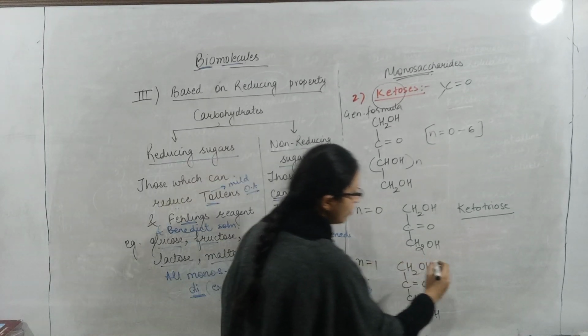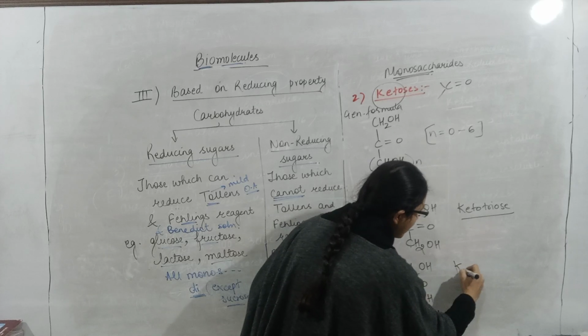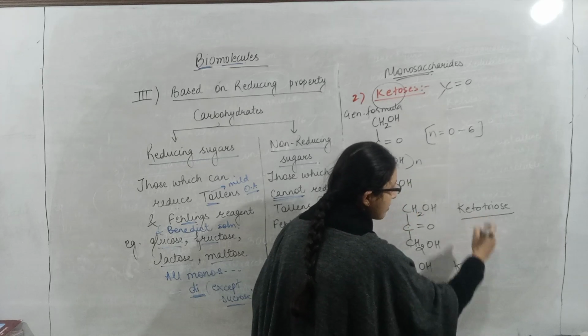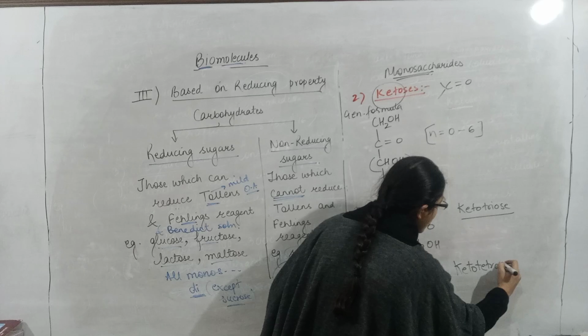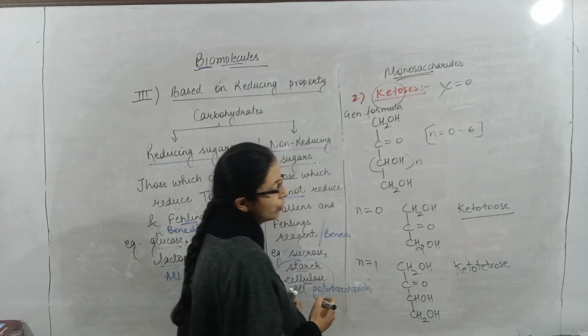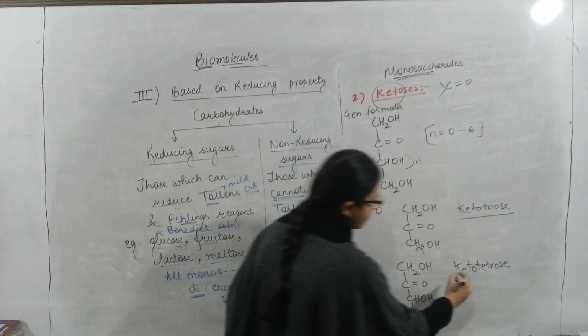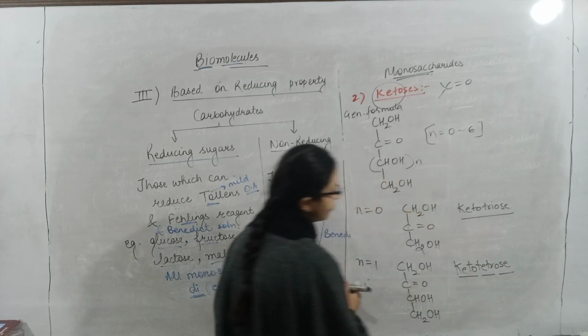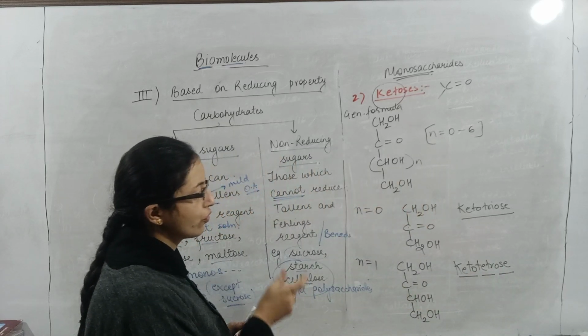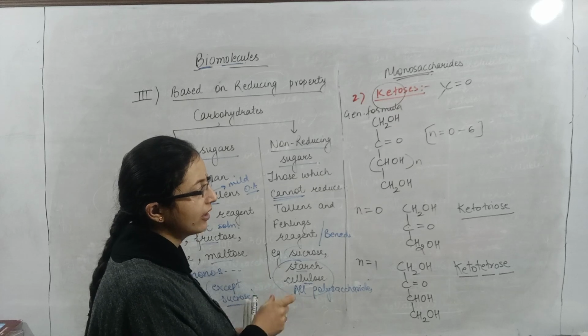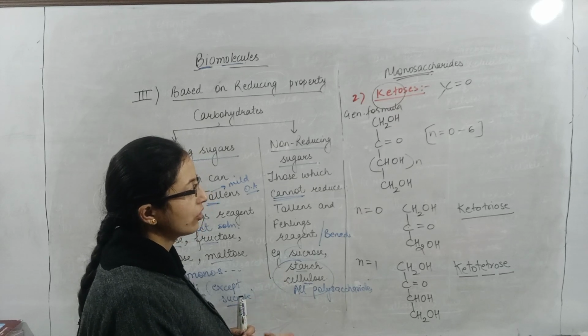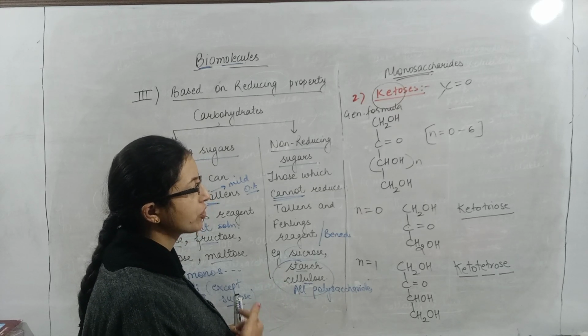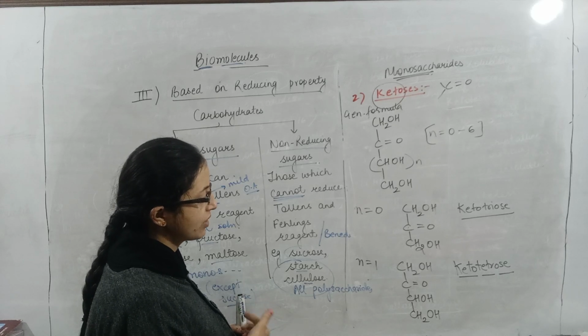So keto, because the ketone functional group is there, और ट्राई के बाद क्या आता है? टेट्रोस. So keto टेट्रोस. ठीक है, so whatever the functional group is, वो स्टार्टिंग में लगाएंगे एल्डो या कीटो, and on the basis of the number of carbons we put a triose, tetrose, likewise.